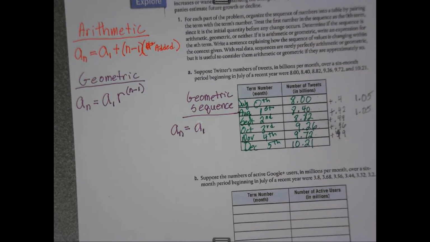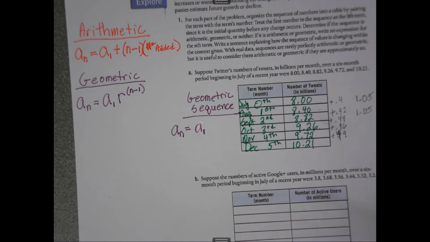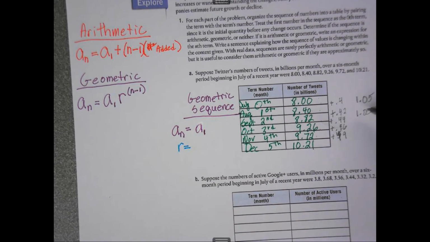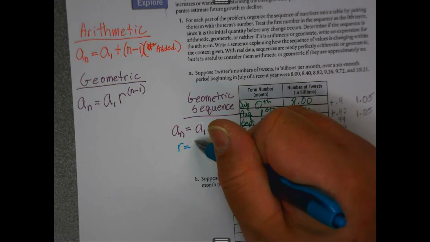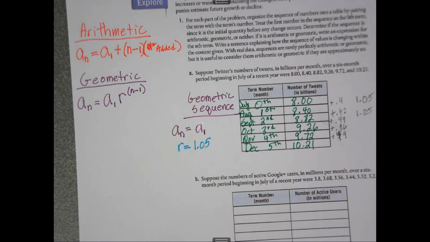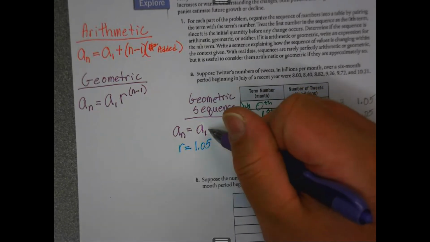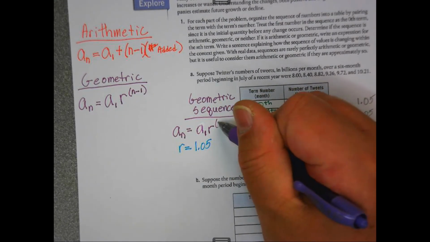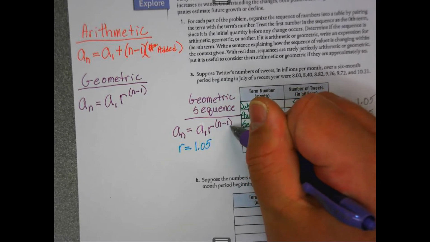And our r here, what's our r? What's the common ratio here? Well, the common ratio was 1.05, the number we're multiplying by to get to the next one. So my r is 1.05, raised to the n minus 1.